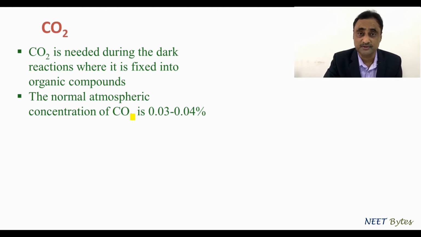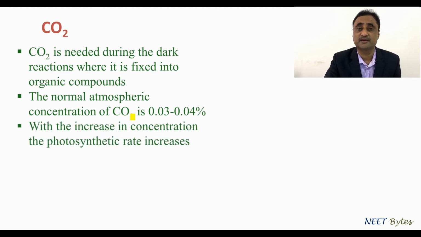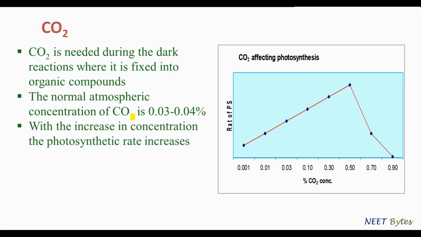But there is a limit, and that limit is reached at 0.05. You can see there that as the CO2 concentration increases, the rate of photosynthesis also increases till 0.05. But beyond 0.05, there is a sudden decrease in the rate of photosynthesis. Why? Because beyond 0.05, the enzymes get carboxylized.